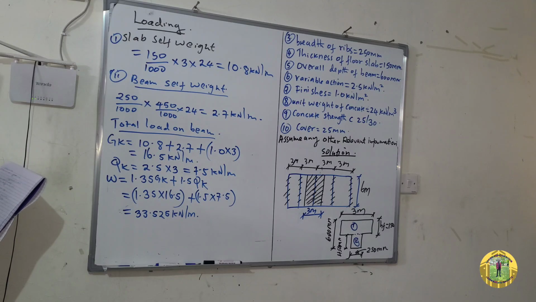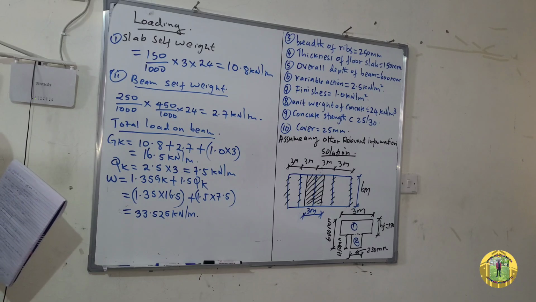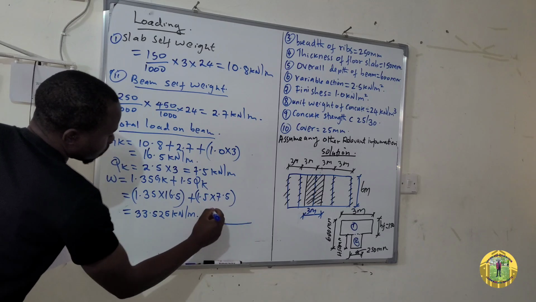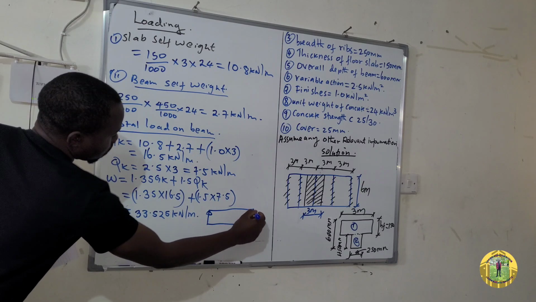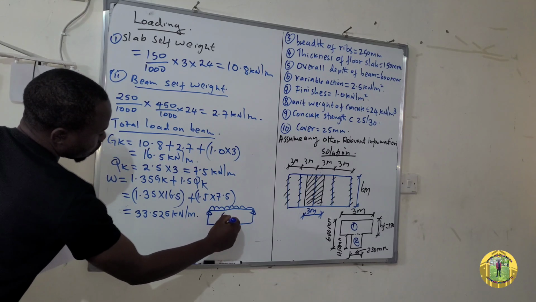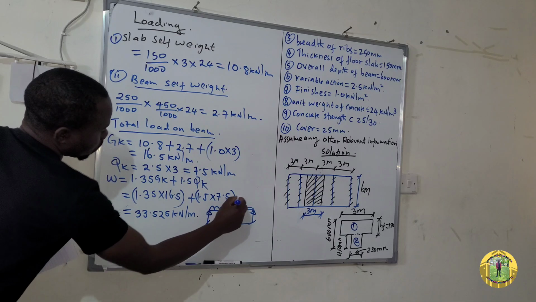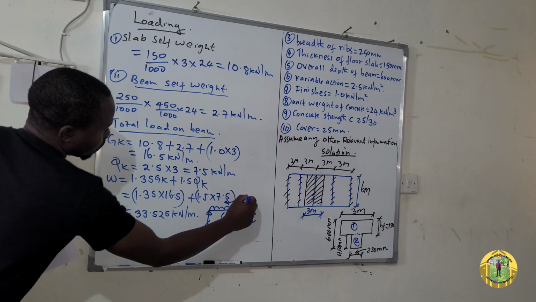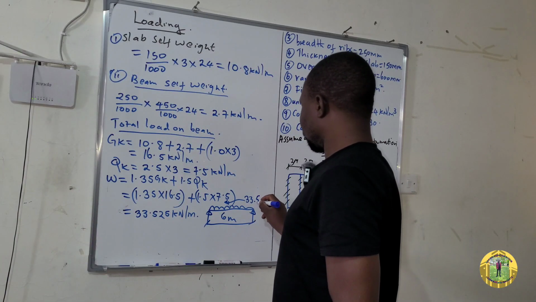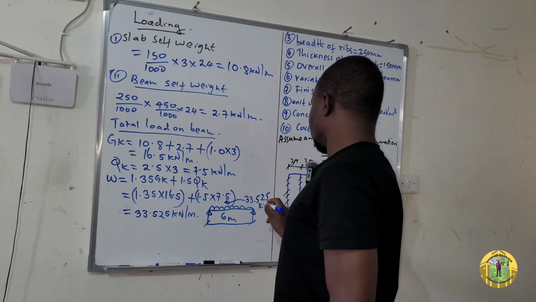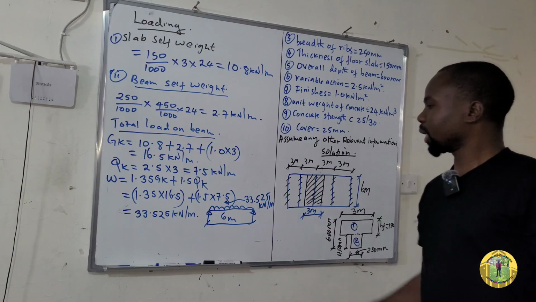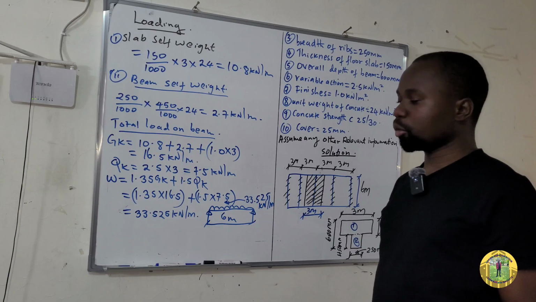And therefore, let's draw the beam here. So that is the beam and the loading on the beam. So here is 6 meters spanning, and the load on the beam is 33.525 kilonewton per meter, like that. From here, we can easily calculate the design moment.